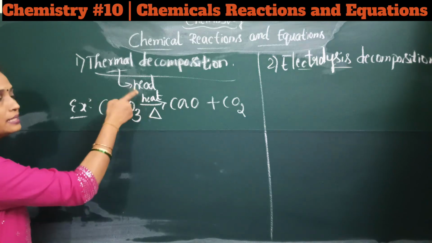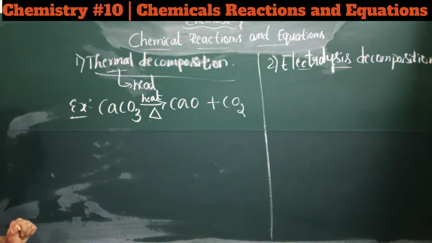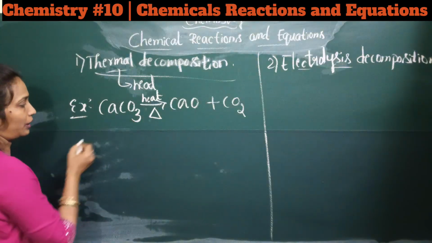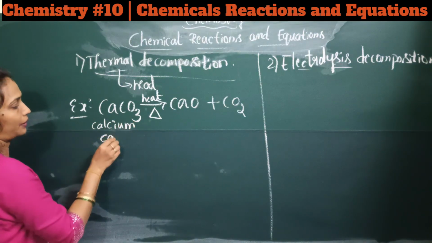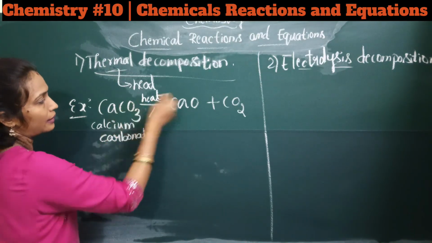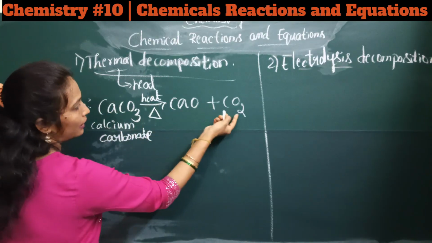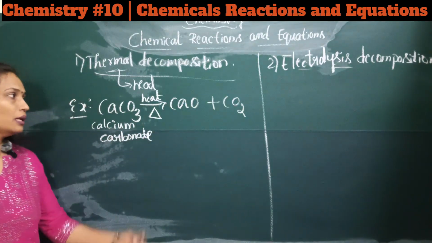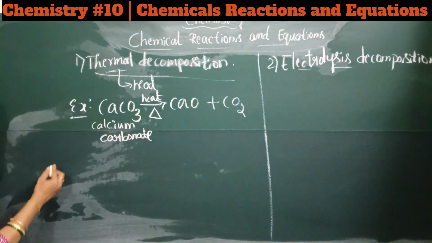It means heat is there. In the presence of heat only, the decomposition is carried out. So calcium carbonate, when heated, forms calcium oxide, this is quicklime, don't forget, and carbon dioxide. This is one example of thermal decomposition.